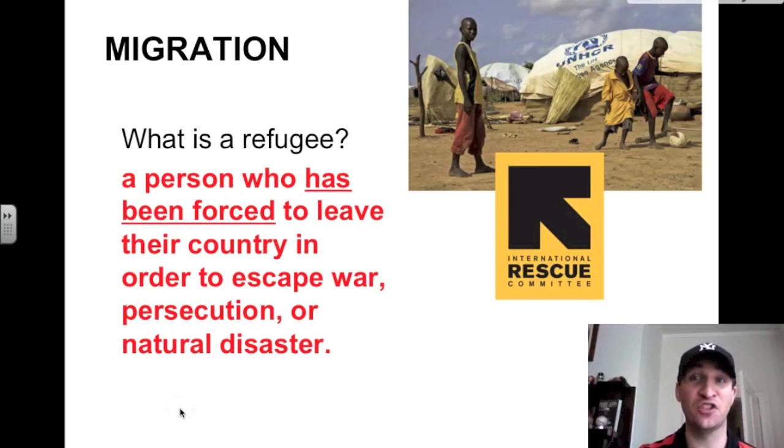So an environmental challenge, like a famine, would be a natural disaster. But refugees are also forced to flee because of instability in their country. And you see this refugee camp in Africa that's been organized by the UN, the United Nations.